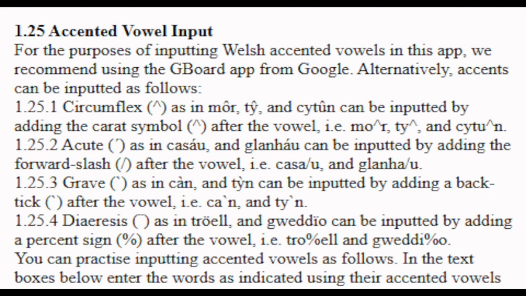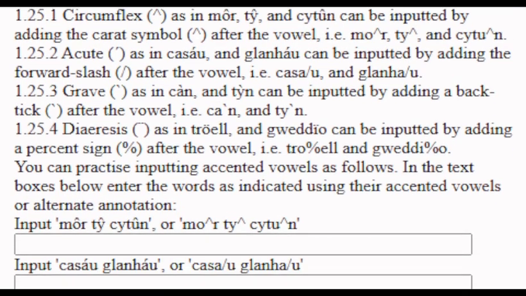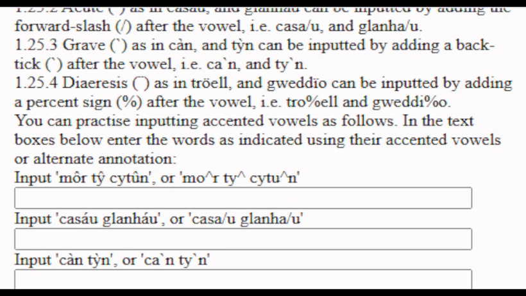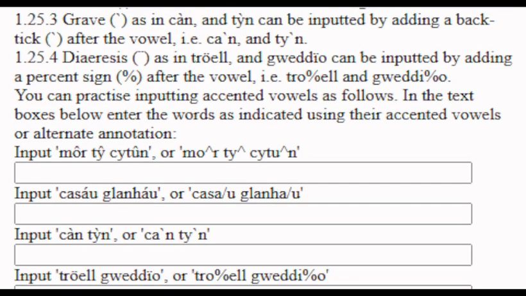Grave accent can be inputted by adding a backtick after the vowel. And diaeresis can be inputted by adding a % after the vowel.